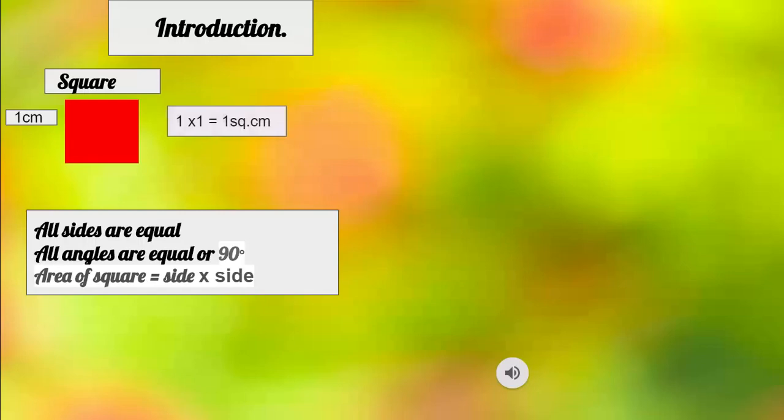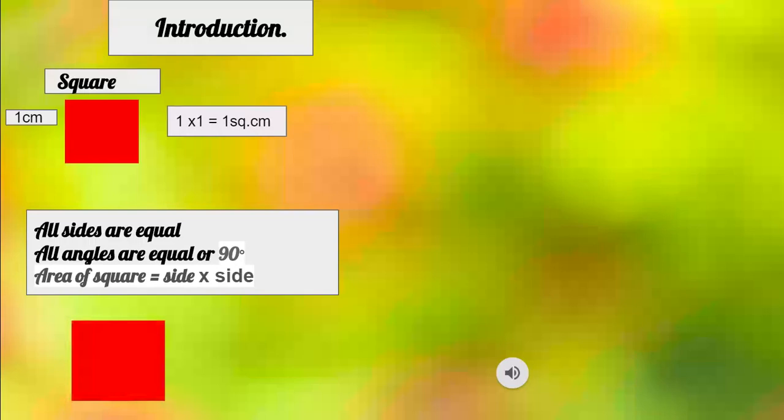Now, what happens if we increase the size of the square? For example, this is also a square, but this time each side measures 3 centimeters in length. What would be the area of this square? This would be 3 into 3, which is 9.